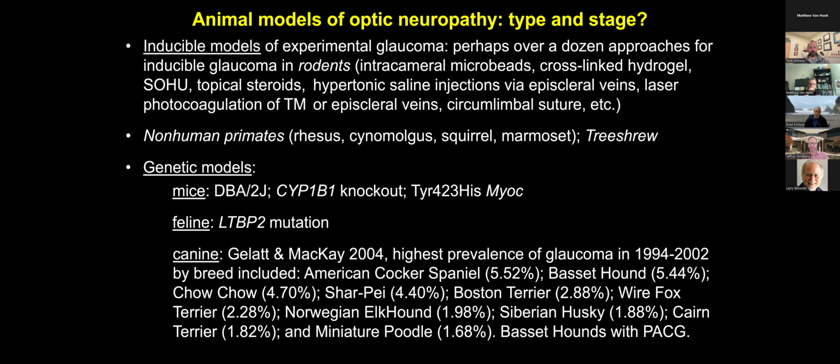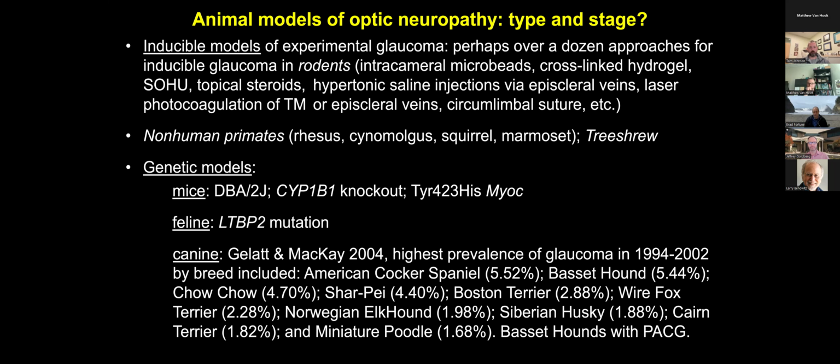The COIP1B1 knockout doesn't exhibit high IOP, but does get an optic neuropathy. And similarly, the myocilin mouse in some labs does not exhibit ocular hypertension, but does get an optic neuropathy and outflow, traditional or conventional outflow pathway abnormalities. Interestingly, though, not manifest high IOP.